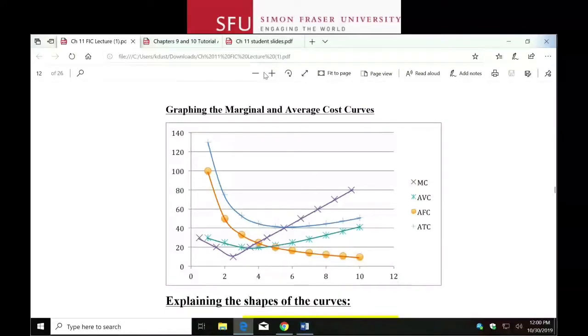Okay, so now we can see the pattern visually in the numbers that we were just calculating.